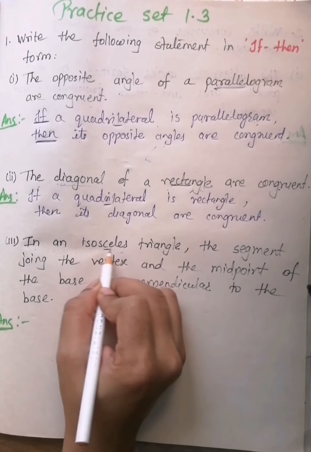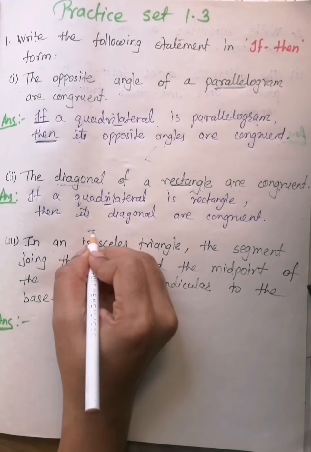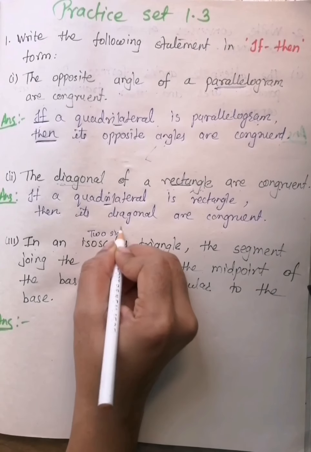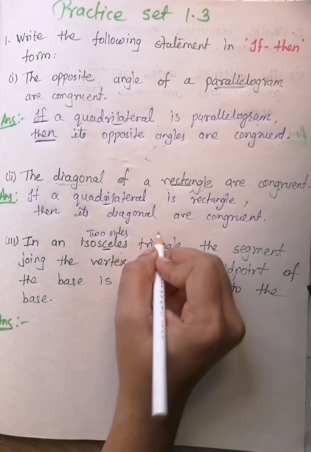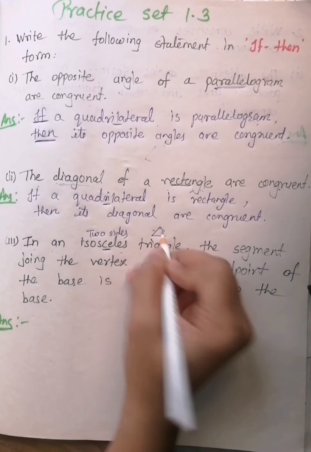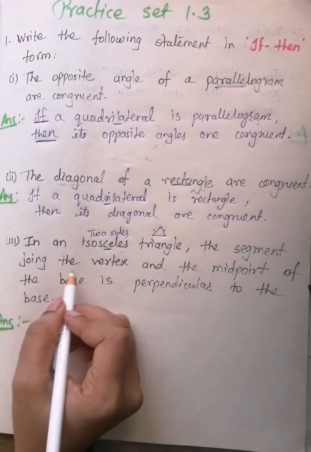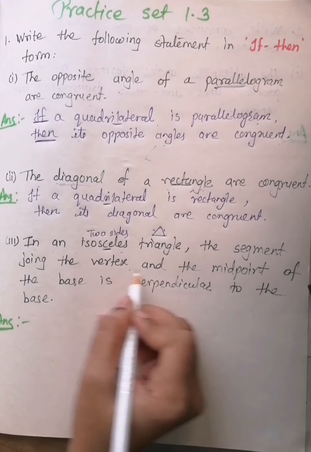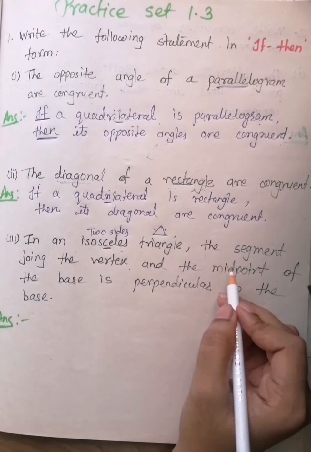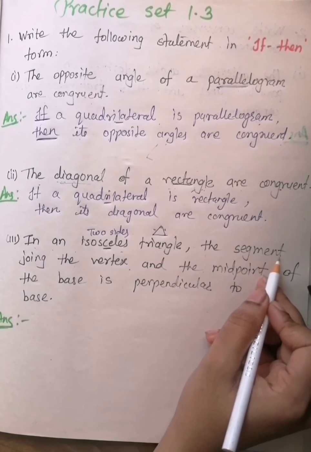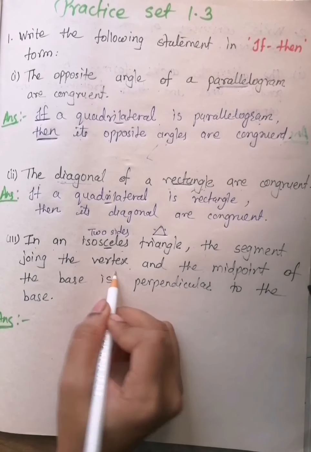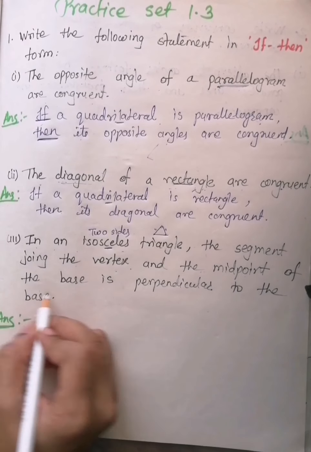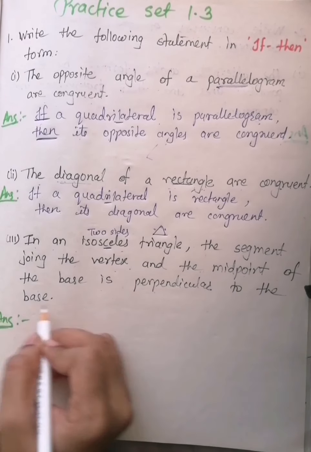Isosceles means 2 sides are equal. How many sides? 2 sides. In a triangle like this, these 2 sides are equal. The segment joining the vertex and the midpoint of the base is perpendicular to the base.